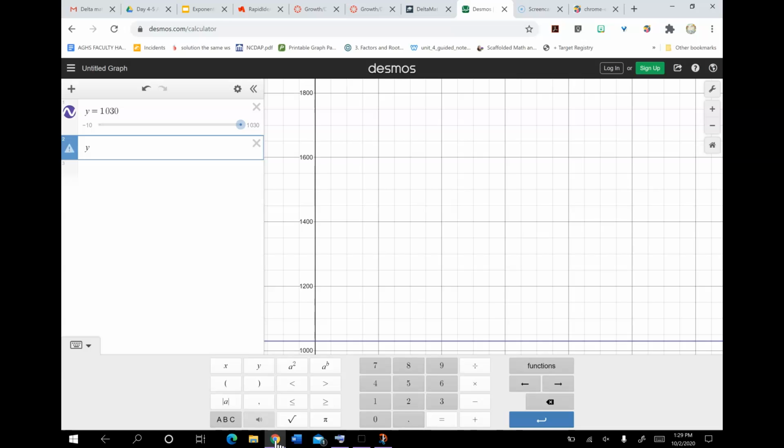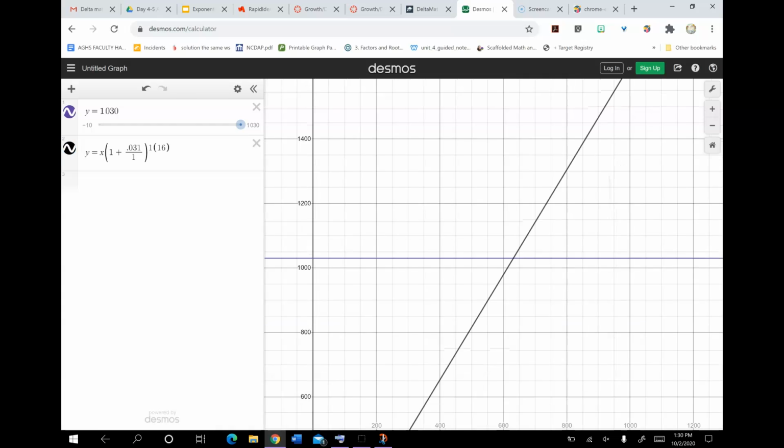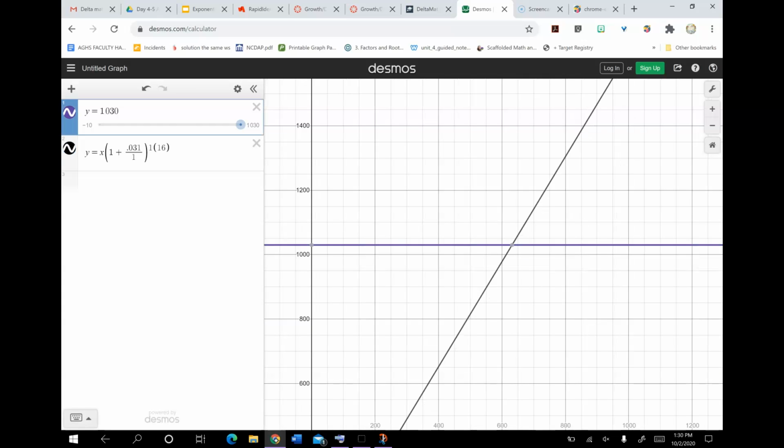Line 2 is going to be the right-hand side, which is P, but we don't know what P is, so we're going to leave it as an X. Parentheses, 1 plus 0.031 divided by 1, and then I'm going to raise it to the 1 times 16. Let's find, oh look, there's their intersection right there. Bam. So I'm going to write this 631.